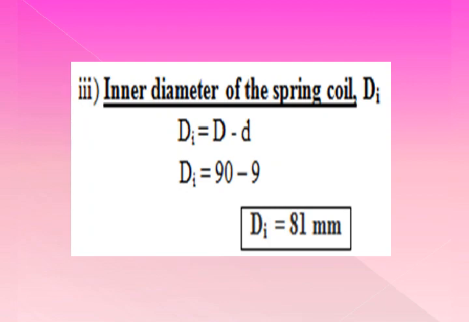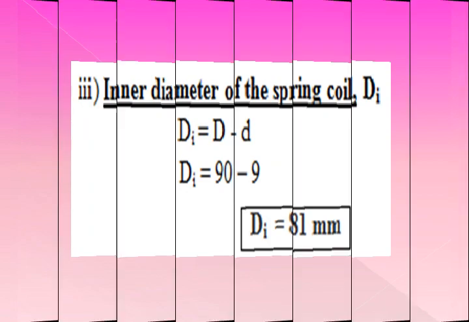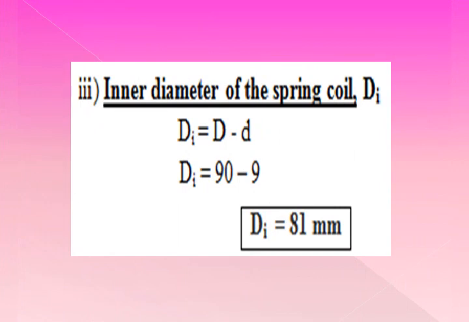So soon after wire diameter and mean diameter of the coil, we will evaluate other dimensions such as inner and outer diameter of this spring coil. Inner diameter of the spring coil Di is equal to capital D minus small d, that means mean coil diameter minus wire diameter, so 90 minus 9. So we are getting the value of inner diameter of the spring coil Di is equal to 81 mm.